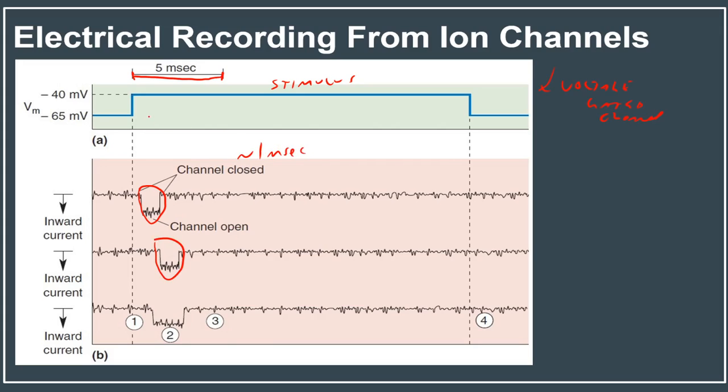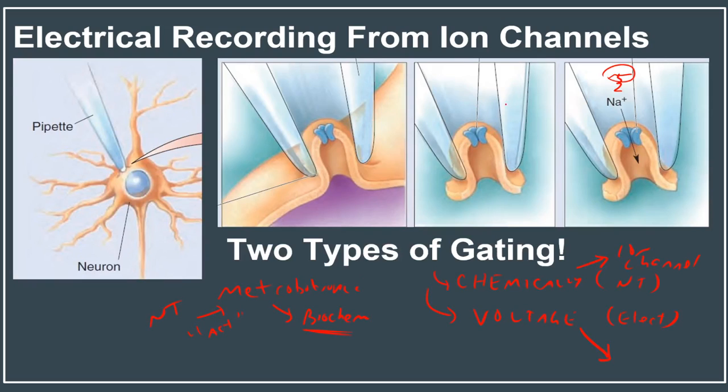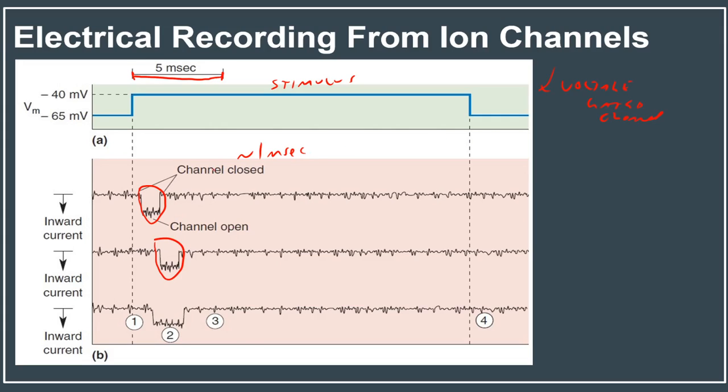So when one ion channel, like this blue one, is sensing a voltage shift, it doesn't just open and stay open. The gating is complicated. They do more of a flickering thing. They're opening but then they're closing, and we haven't even gone into what's making them close. That's another complicated topic.